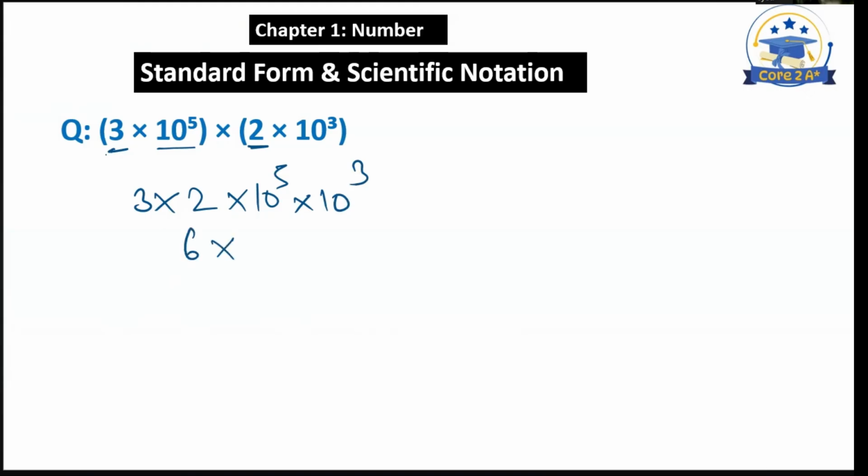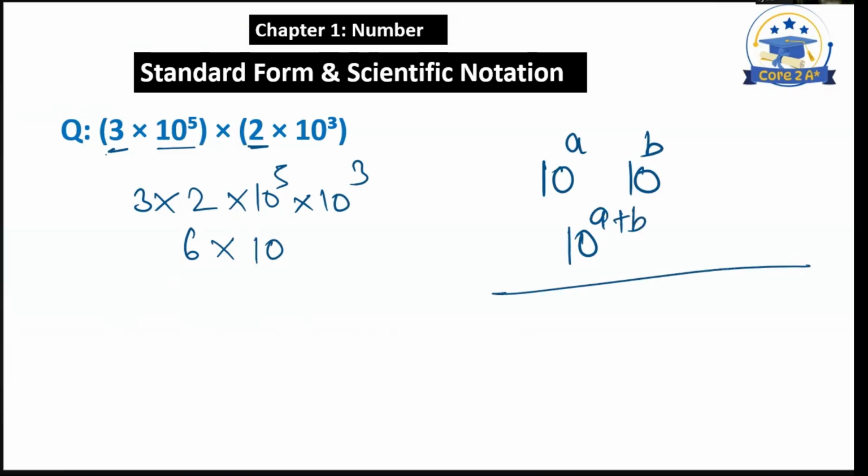Good. Now what about the powers? If the base is the same, we have a formula: if we have 10 to the power A and 10 to the power B, according to the formula the powers will be added, not multiplied. In what case can we multiply? In this case.